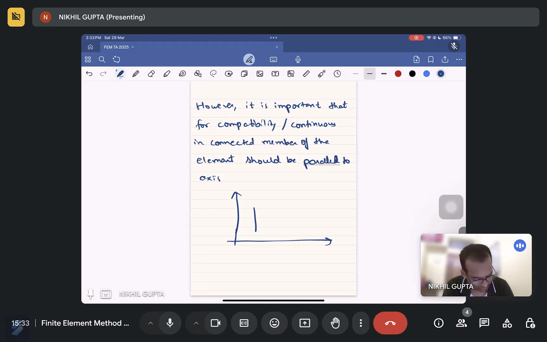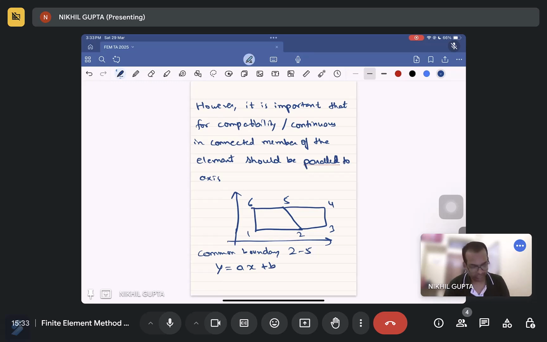Let's say your connected member is like this, with nodes 1 2 3 4 5 and 6. Now let's see what is happening. In the common boundary 2 5, y is equal to ax plus b.